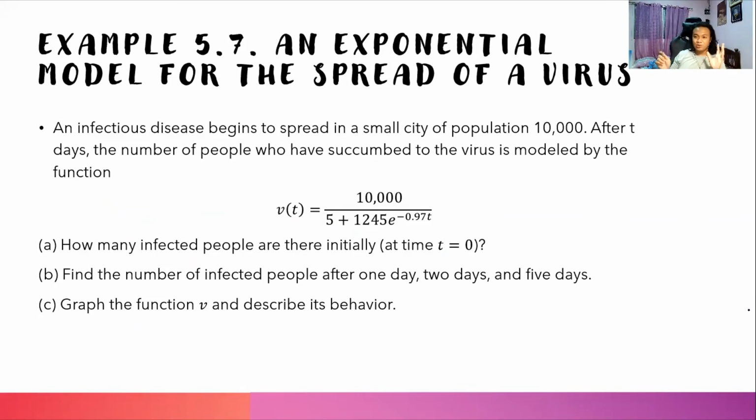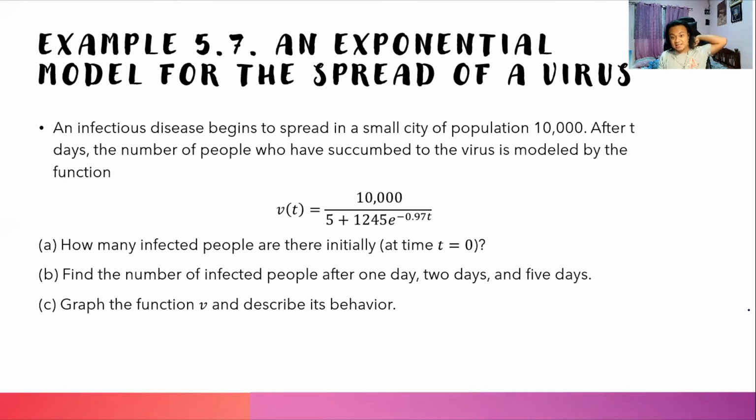Last example: an exponential model for the spread of a virus. For example, we have the virus going on now. At ground zero, an infectious disease begins to spread in a small city with a population of 10,000.